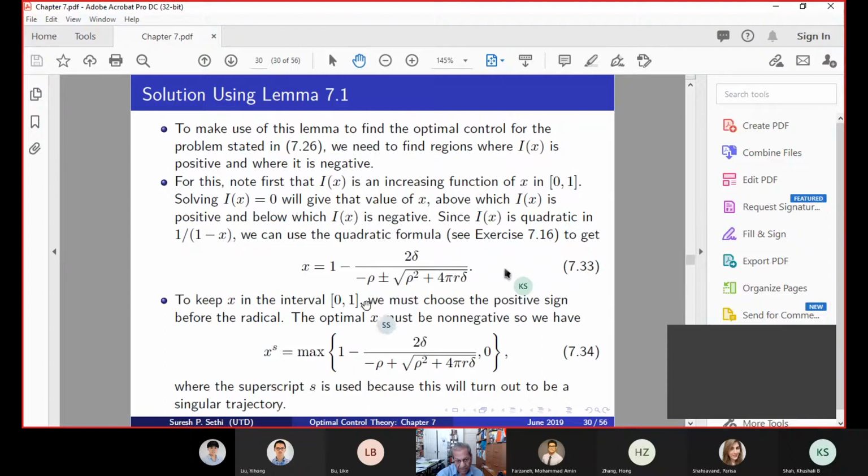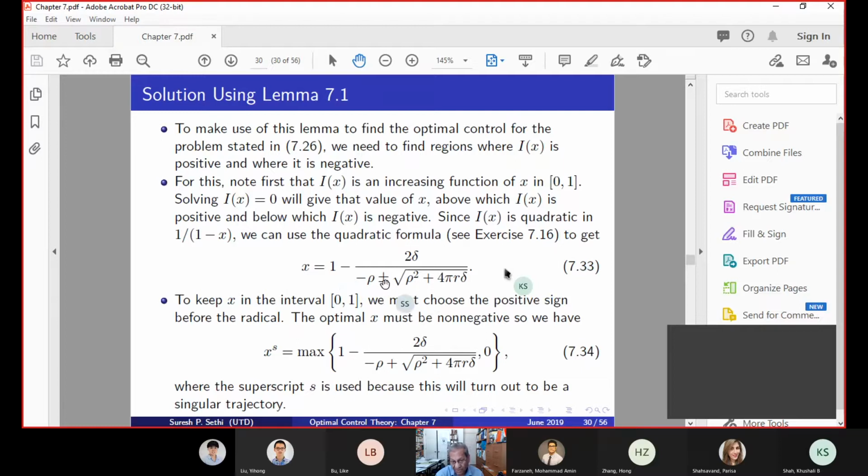And I am going to define, because this x is a market share, and negative market share does not make any sense, a quantity called xs, which is equal to the max of this quantity and 0. Remember, I don't need to take the minus sign here, because the minus sign would make this quantity more than 1. More than 1 is not allowed for a market share.